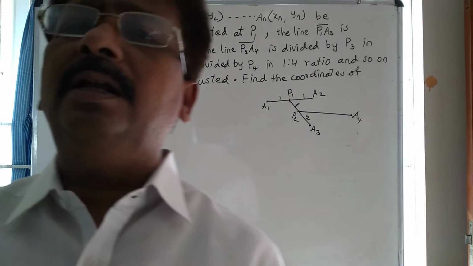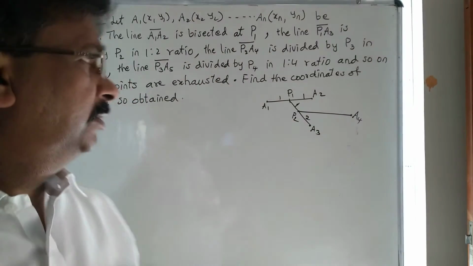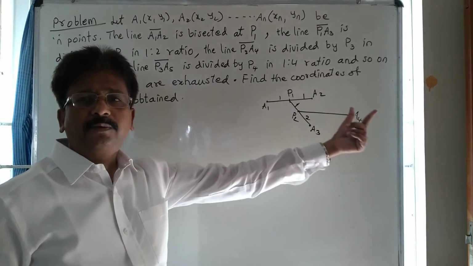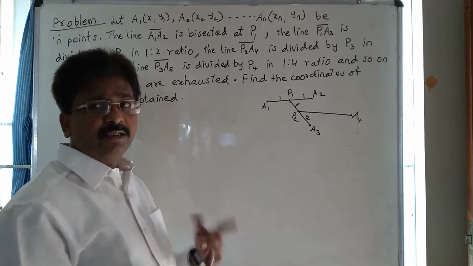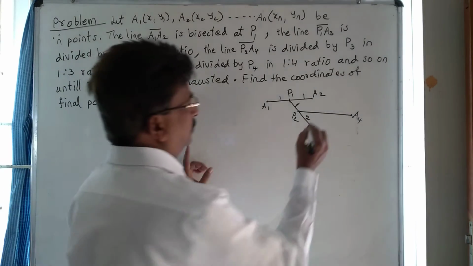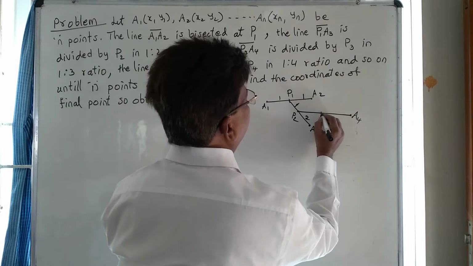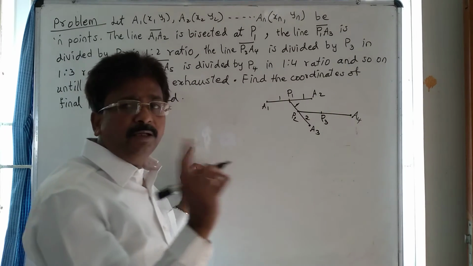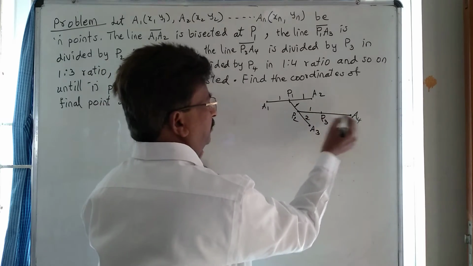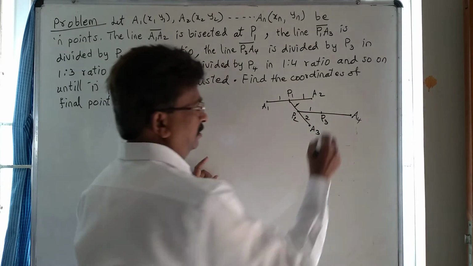Therefore P3 lies on the line segment P2 A4 and divides it in the ratio 1:3. So I put P3 here. P2 P3 is 1 unit and P3 A4 is 3 units.